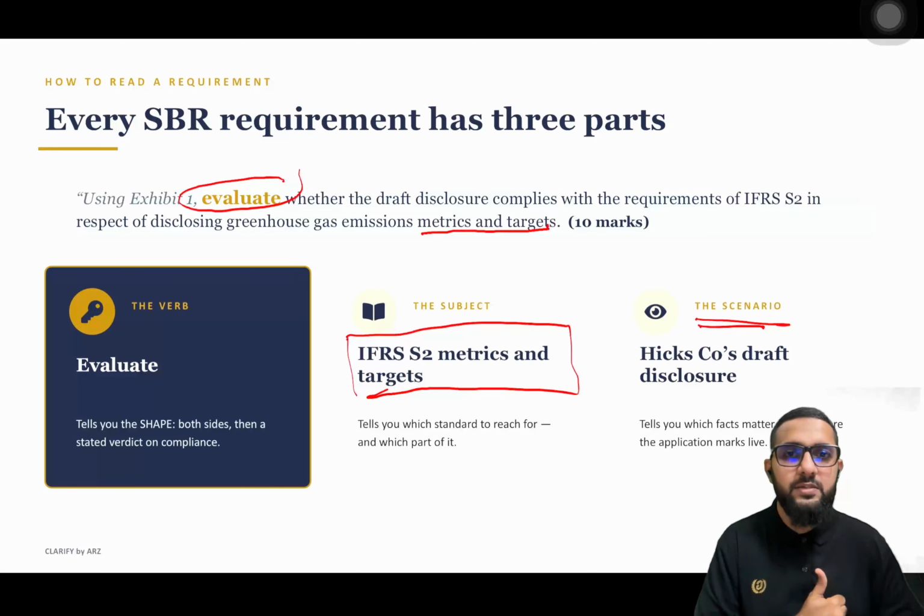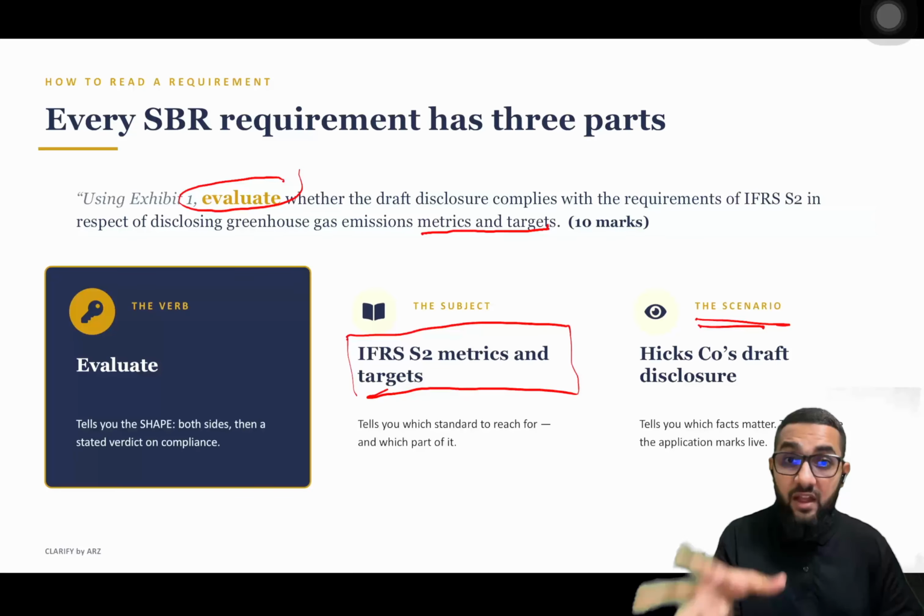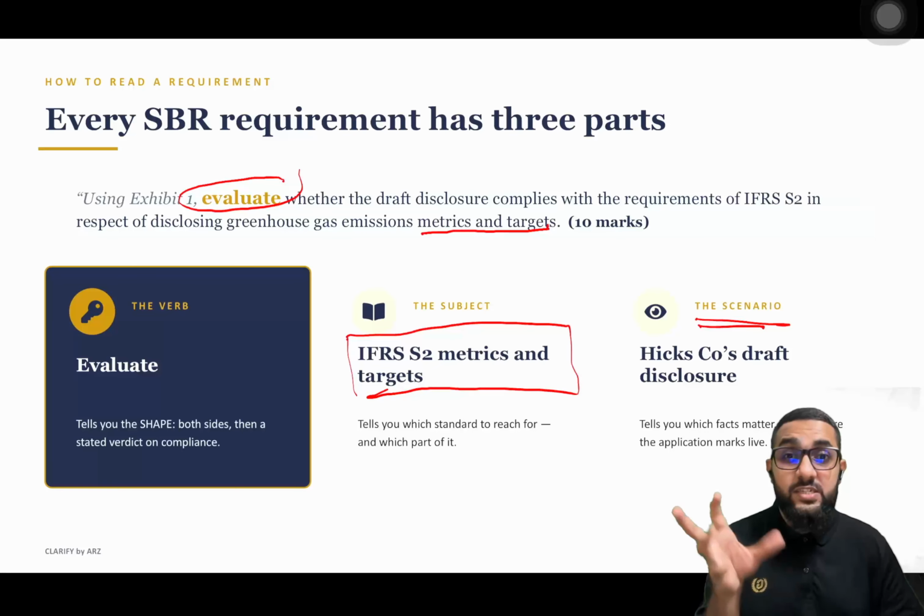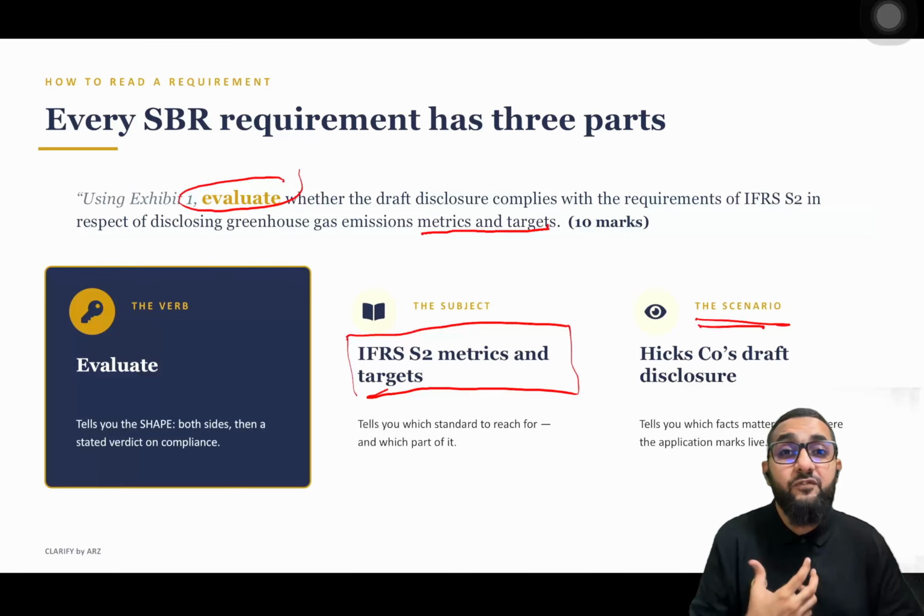Number one is the verb: understand what the verb means. Number two is the subject: get to know what the subject requires you to do. Number three is the scenario. I've already covered in one of my past sessions how the subject becomes crucial.